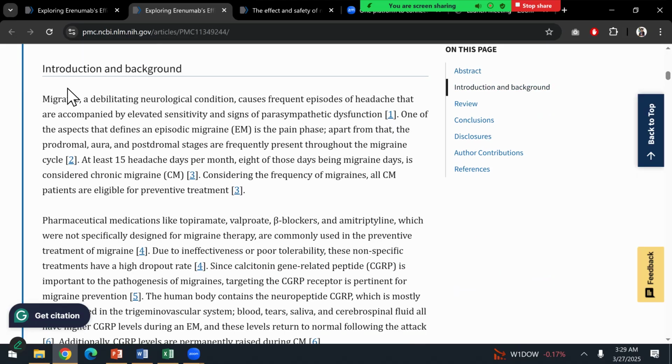So what you would do in the introduction and background is define what is migraine. This is a debilitating neurological condition or whatever it is, you would define what disease you are studying. And in migraine, if you are studying a specific type, for example, episodic migraine, then you would define what it is and how it presents. So it presents with 15 headaches per month or something like that.